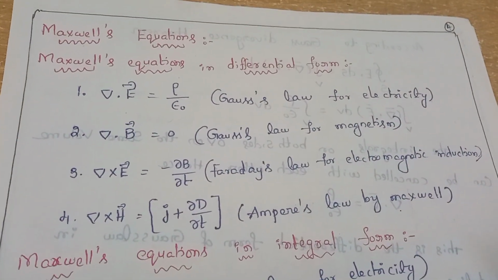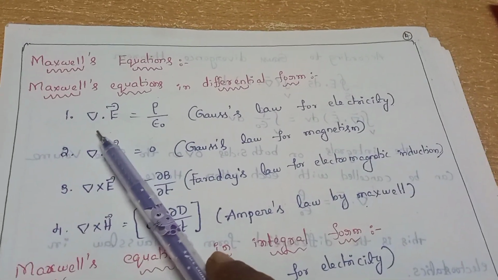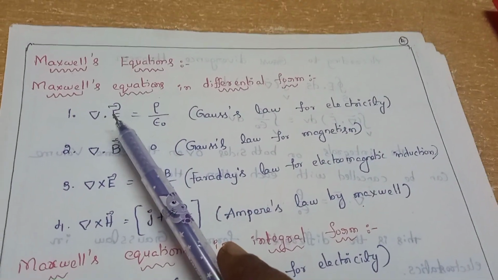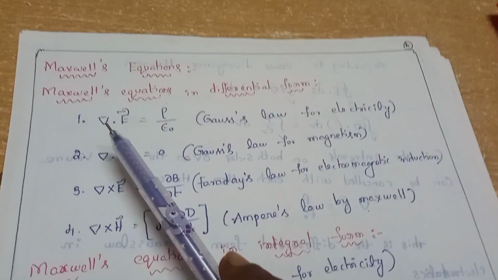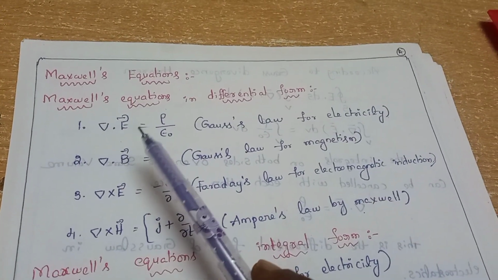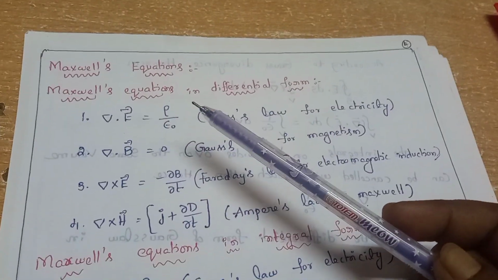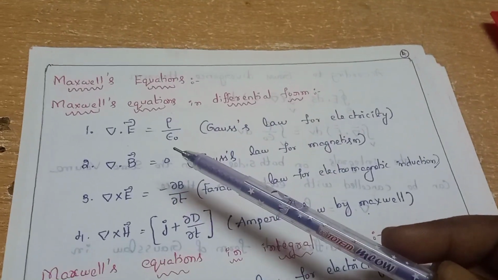The Maxwell equations in differential form: del dot E, the divergence of the electric field. Del dot E means the divergence of electric field. So del dot E is equal to rho by epsilon naught, charge density by epsilon naught.